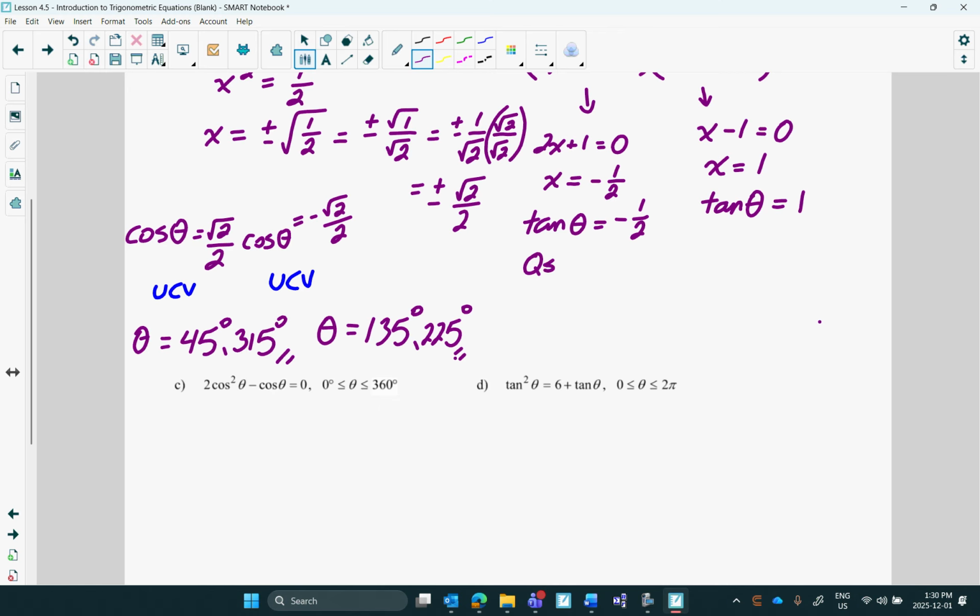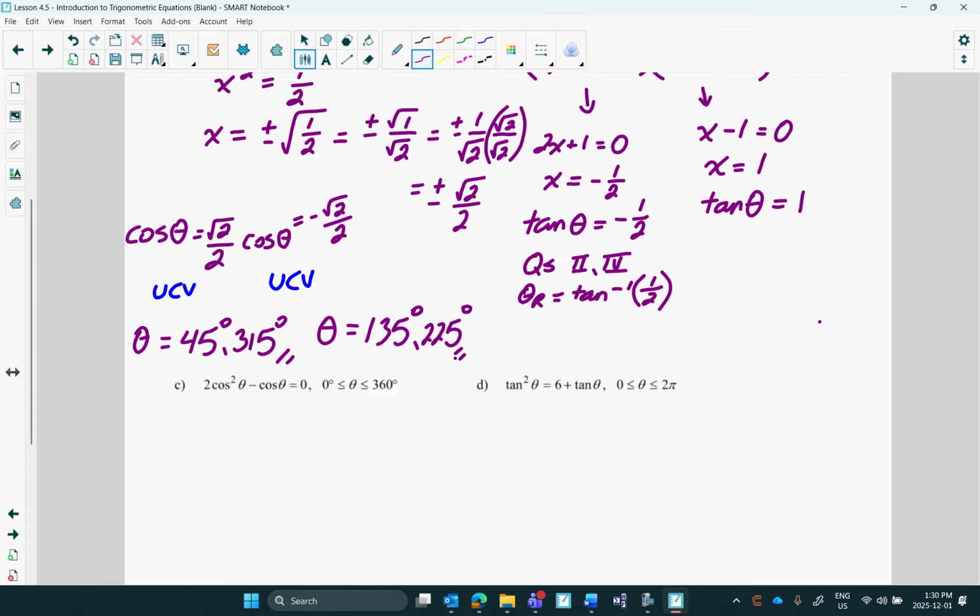In what quadrants is tan negative? 2 and 4. Now I've got to find the reference angle by taking the tan inverse of, be careful, 1/2.